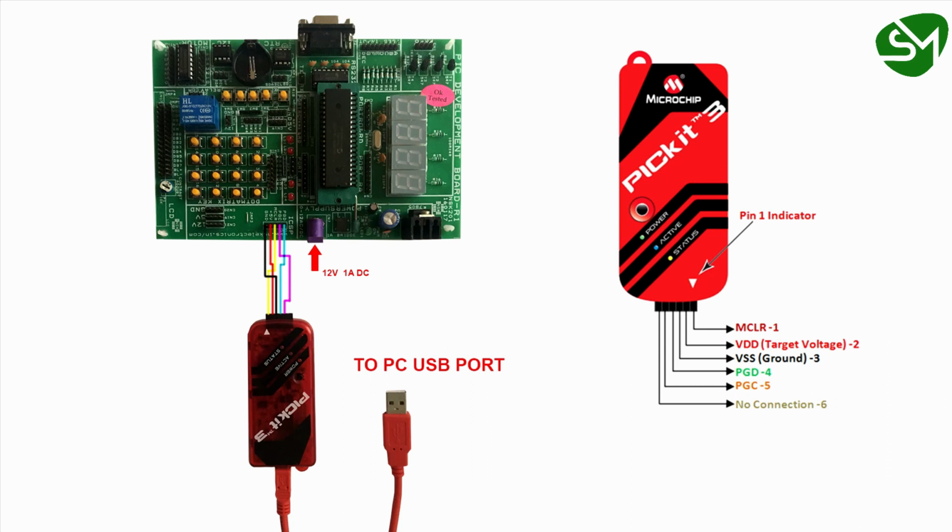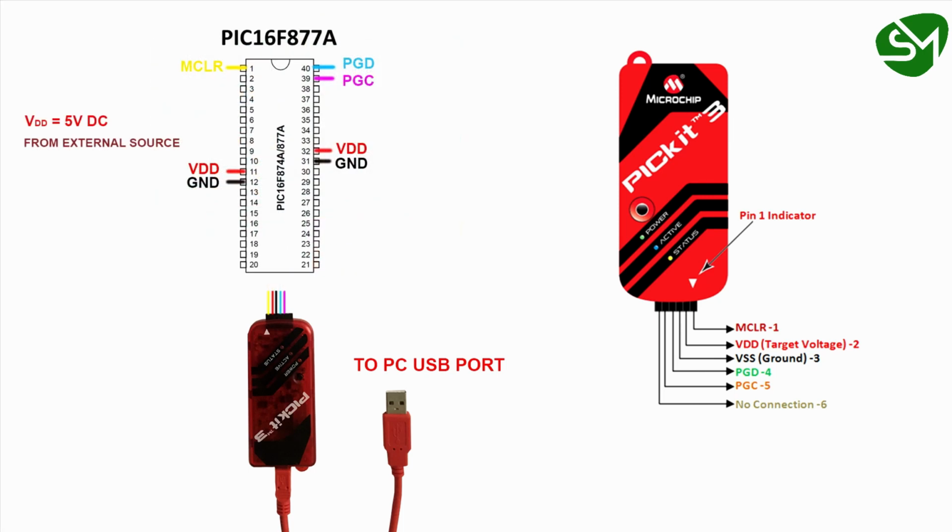If your development board is not showing these pin nodes, or if you do not have a development board, you can connect the terminals of PICkit 3 to the microcontroller port pins as per this circuit diagram, or you can just build this circuit on a breadboard for programming the microcontroller.